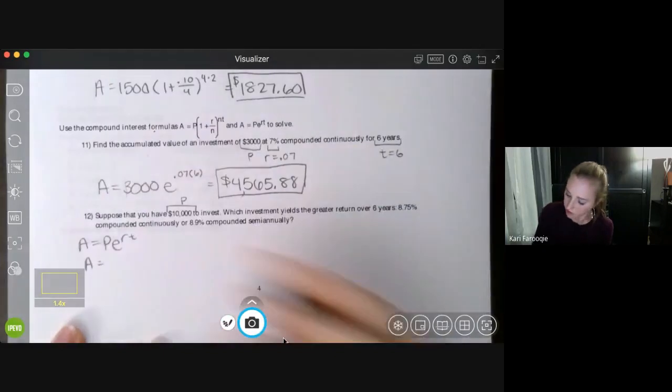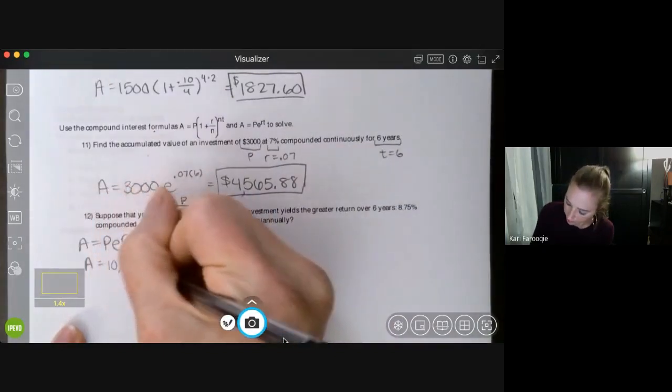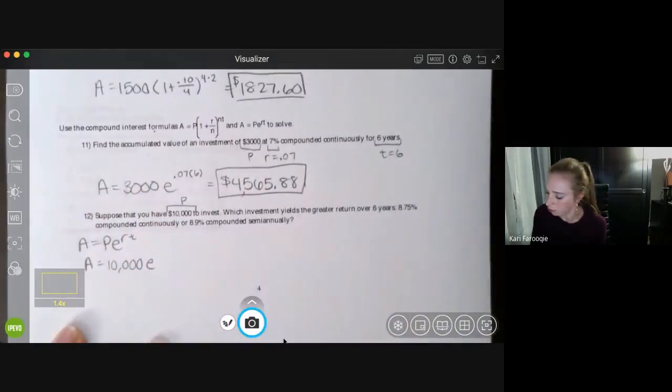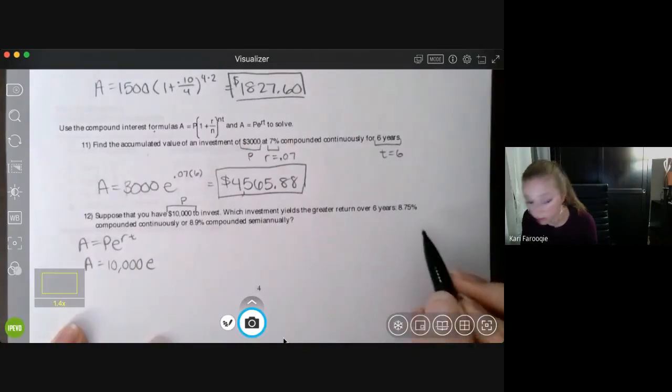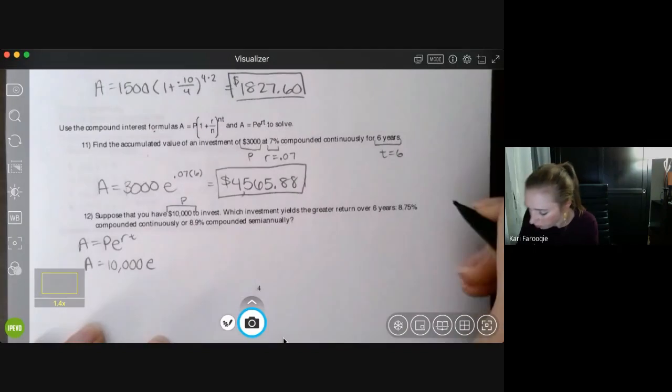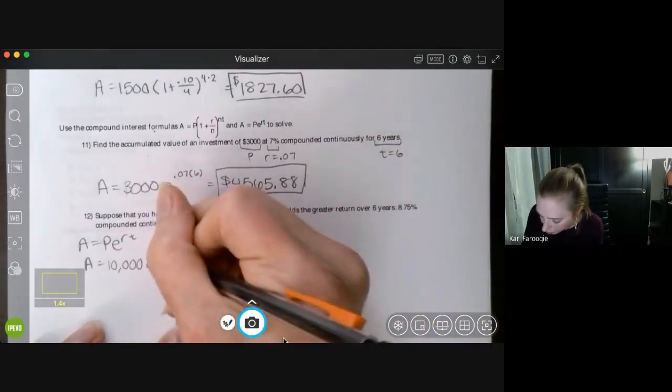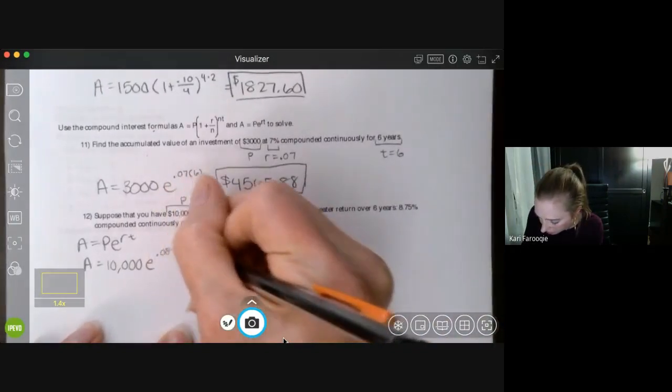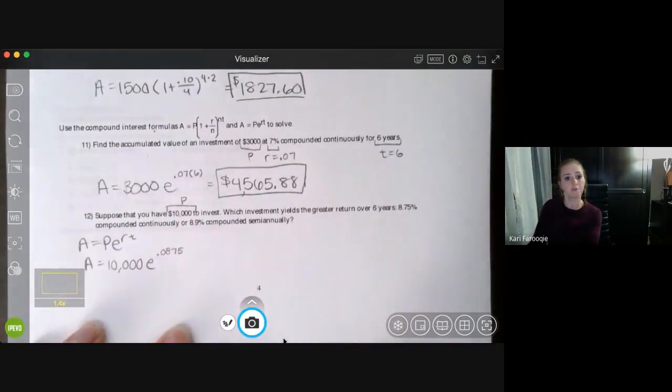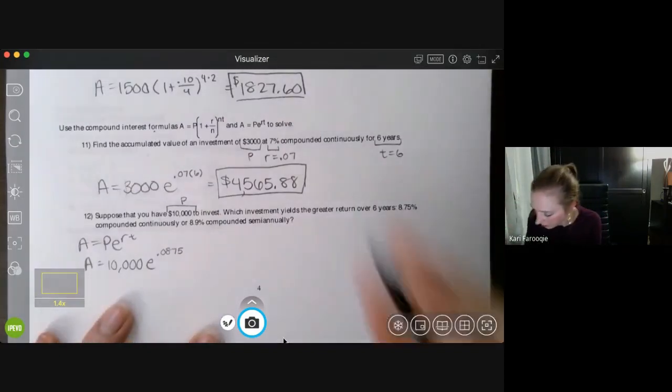So your principal is 10,000. Your rate, when it's compounded continuously, be careful not to grab the wrong rate, is 8.75%, so 0.0875. And you do need all of those decimal places in there. And then t is 6 years.